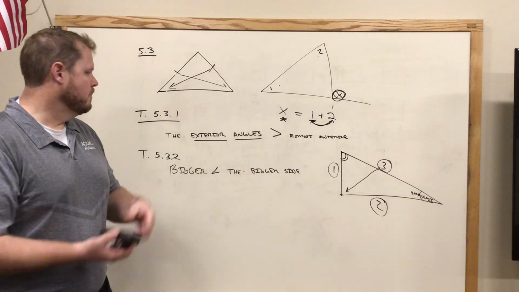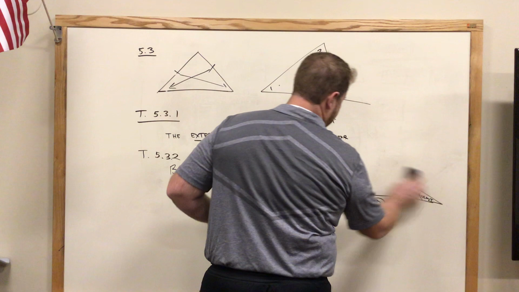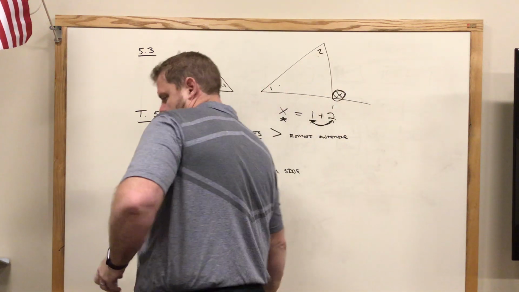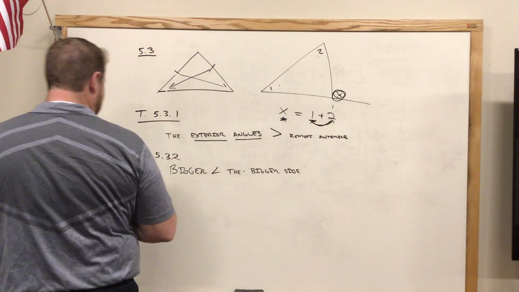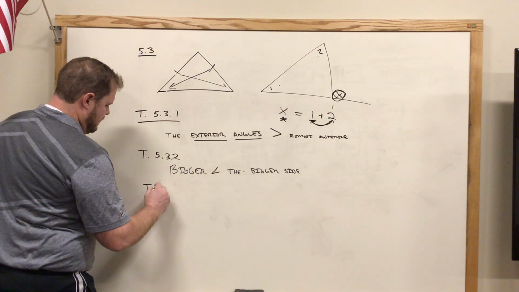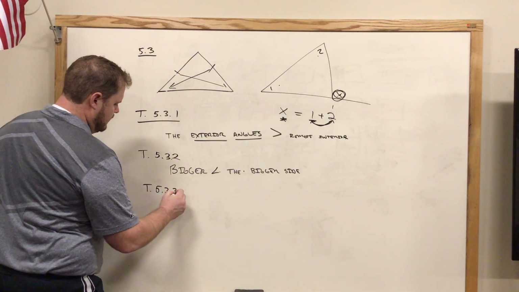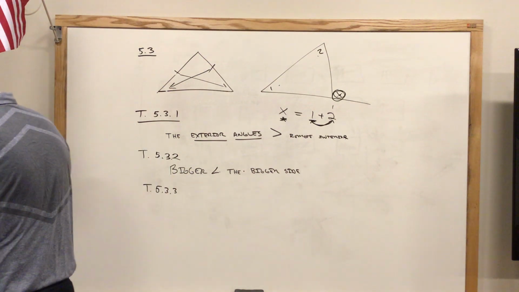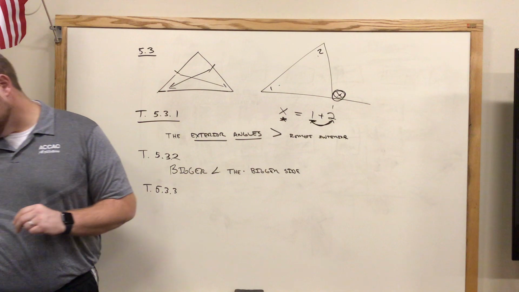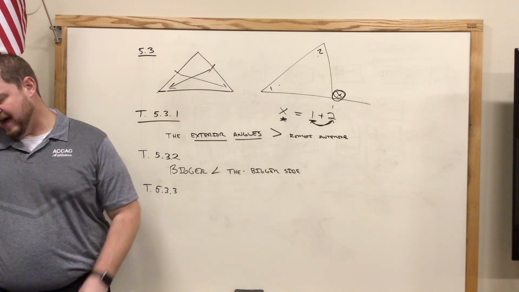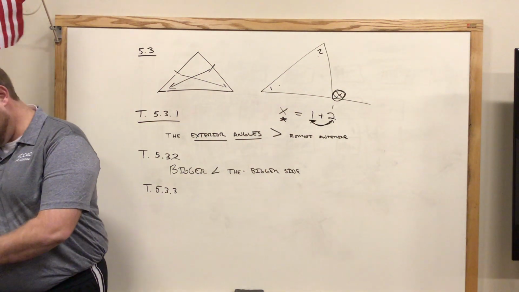The third thing you need to learn is the longer side inequality theorem, 5.3.3. Let me read it to you. If two angles of a triangle are not congruent, then the longer side is opposite the larger angle.